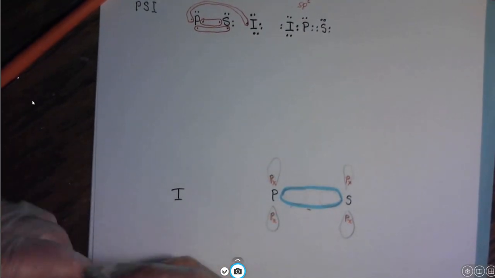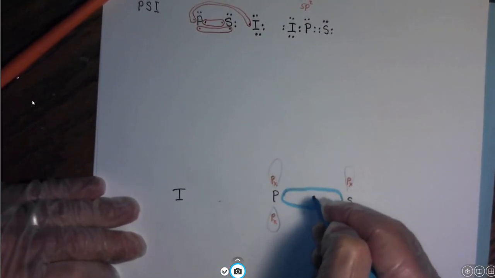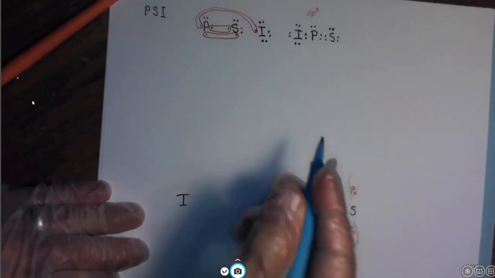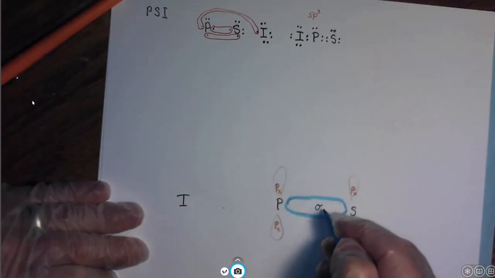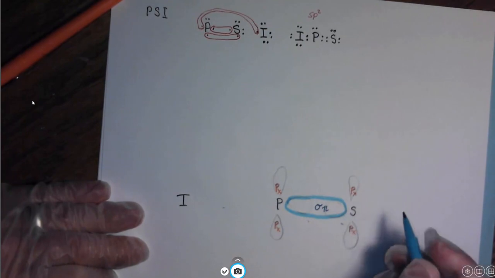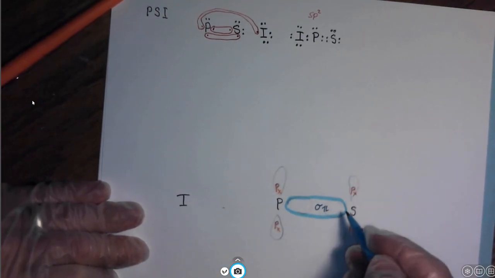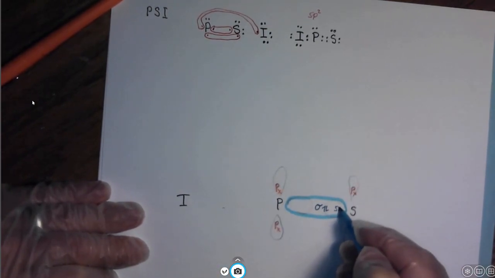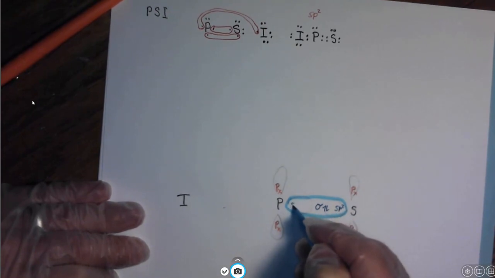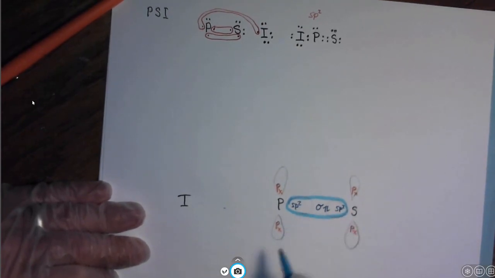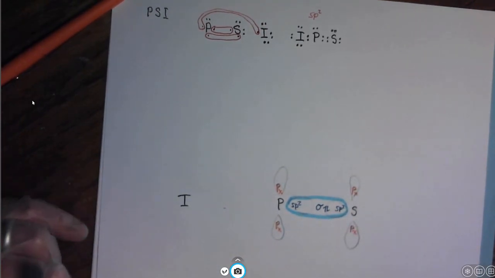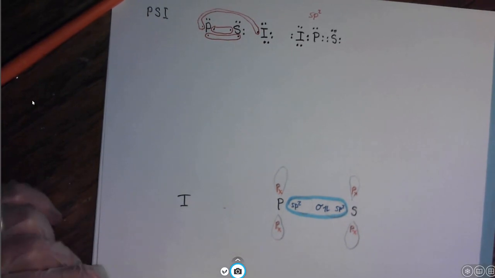So that's a sigma bond. And there are two electrons in a sigma bond. And we said the hybridization is going to be sp2. Okay, it has to be sp2 if I have a double bond on it.